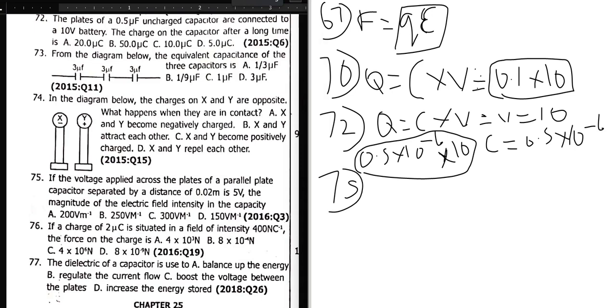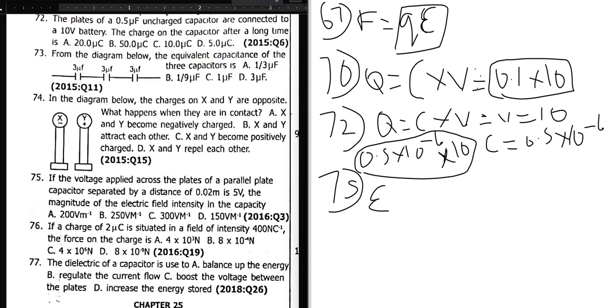75 says if the voltage applied across a plate of parallel plates capacitor separated by a distance of 0.02 m is 5 volt, the magnitude of the electric field intensity is what? We are still looking for E, the magnitude of the electric field intensity.